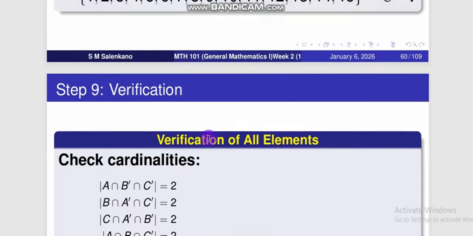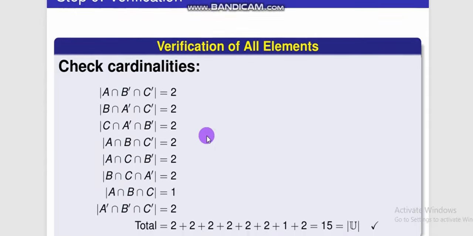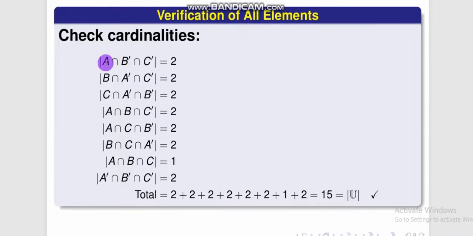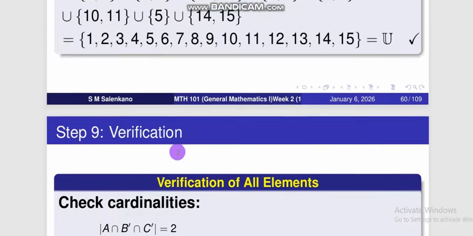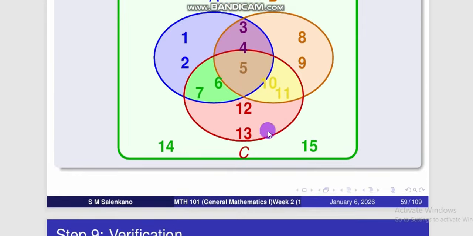So you can also check by cardinality of each one of them, meaning the number of elements they have. For A only, you have 2 elements, B only, you have 2 elements, and the last one also, you have 2 elements only. Remember, for A, B, and C, you have only 1 element, and that element was 5.